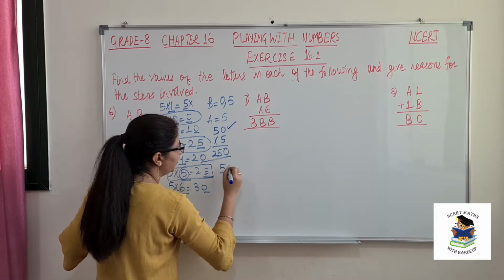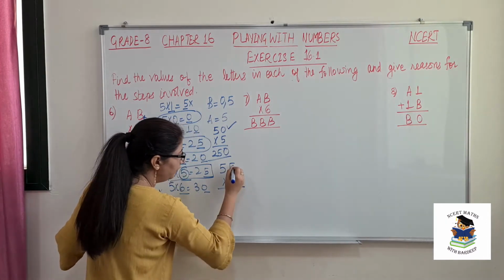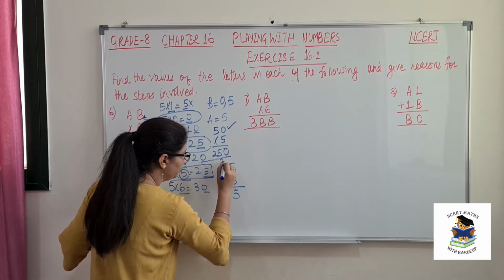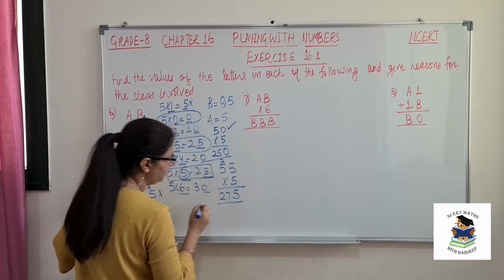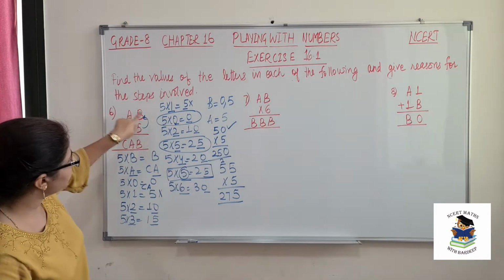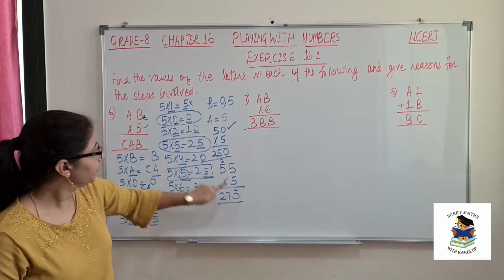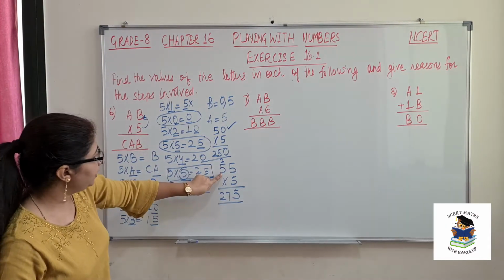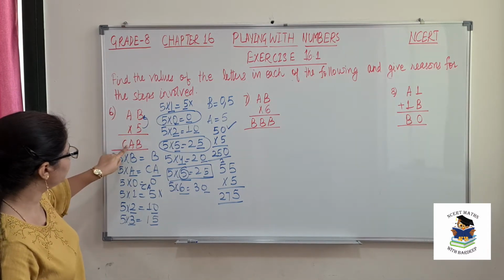If A is 5 and B is also 5, 5 into 5 is 25 and 2 is carry. 5 into 5 is 25 plus 2, 27. So now when you verify, this B is 5, this B should also be here. Yes, we have. This A is 5. Yes, and once we are calculating this, same A should come here.